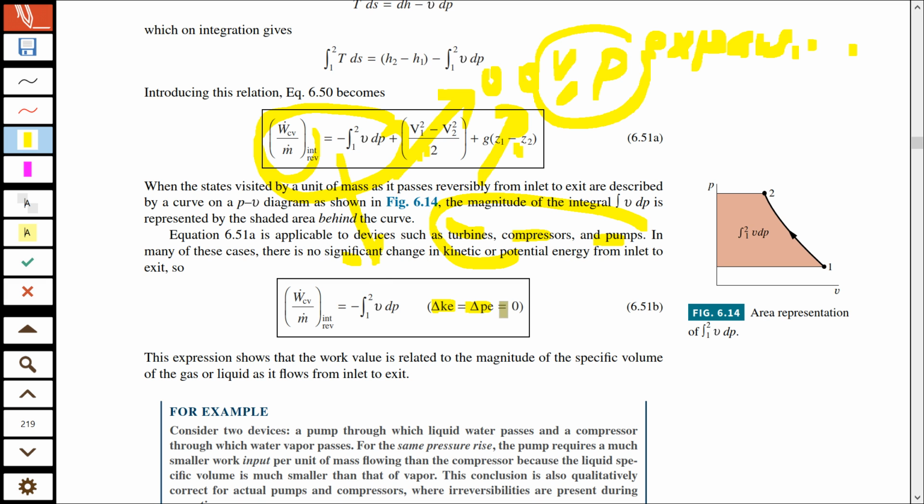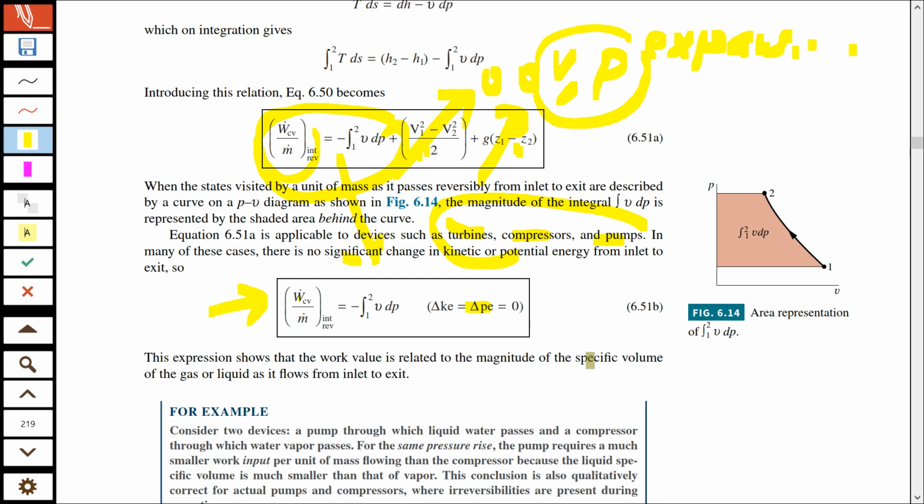If delta KE and delta PE are zero, as is assumed for turbines, compressors, and pumps, you have a simplified formula for work transfer rate, work transfer per unit mass, because dot here and dot here will remove the rate from it.